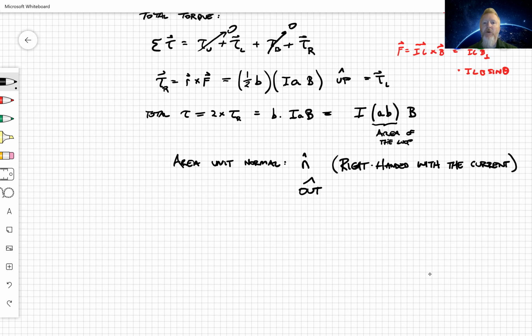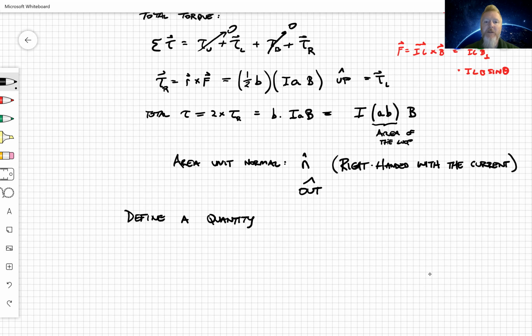All right. So I'm going to define a quantity, and this is no big deal really, but it's the exact same reasoning that we used if you look back on the torque on a dipole in an electric field. It's the exact same idea.